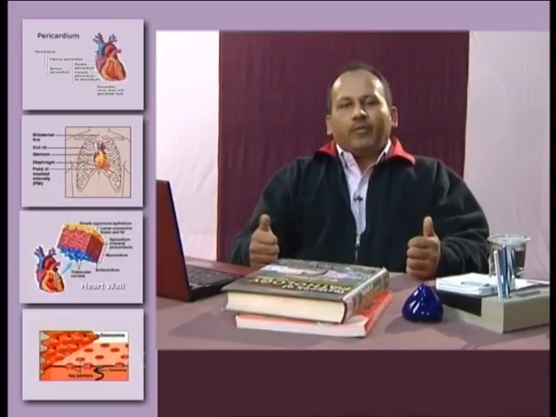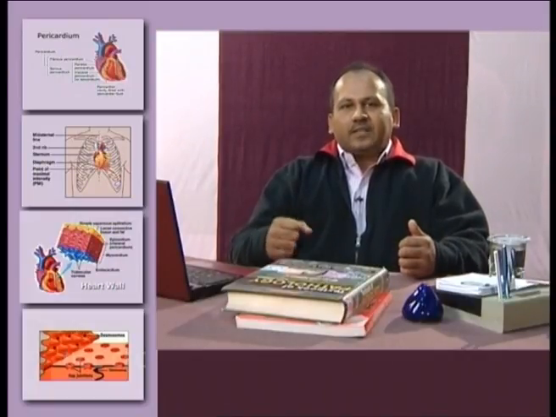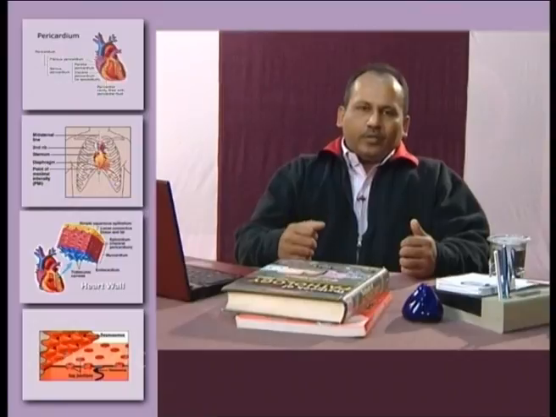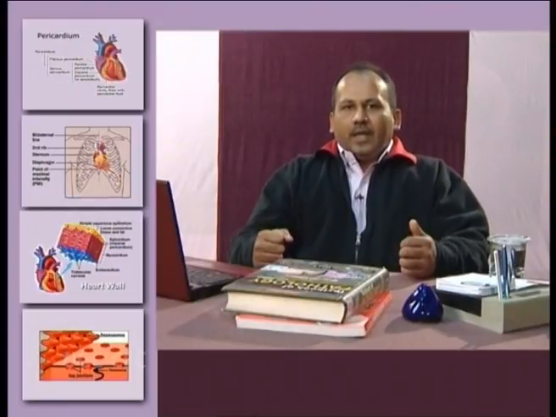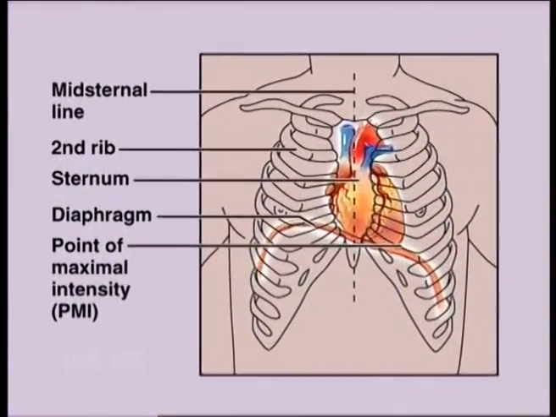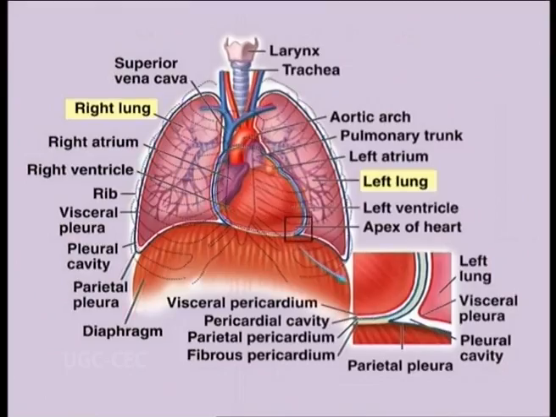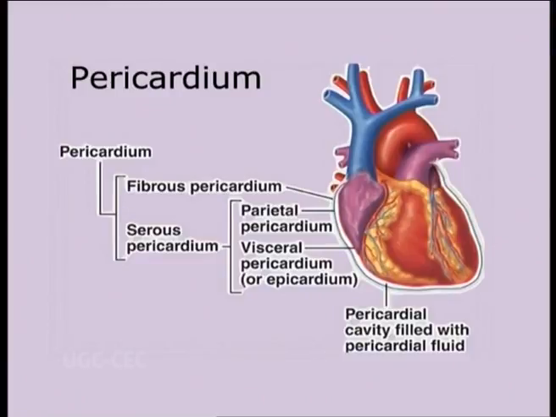So, we can understand that the heart is a very protected organ inside our body, slightly towards the left side. Outermost protection is of the ribs, followed by cushioning of the lungs, and the innermost structure is the pericardial membrane that is immediately encircling the heart.